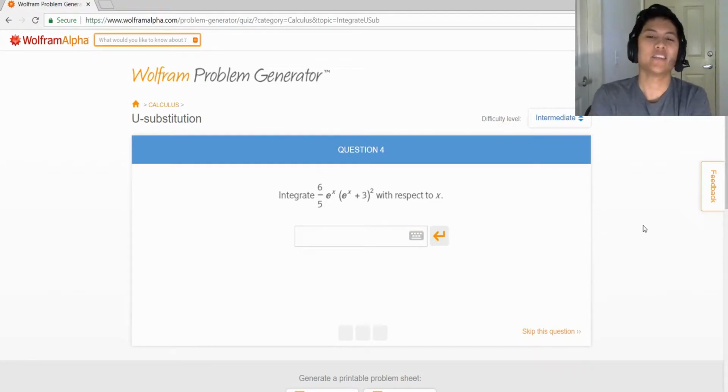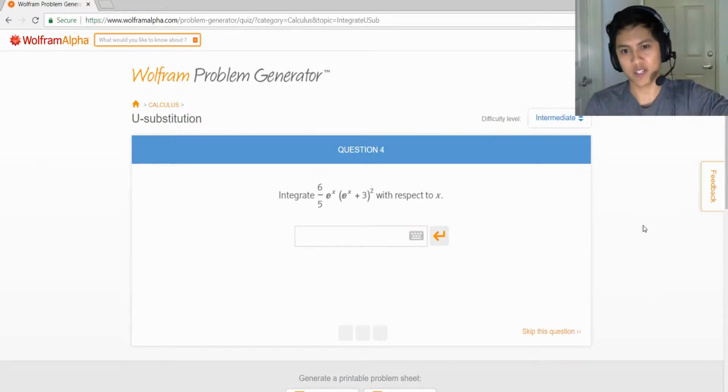Okay, first the 6/5 outside there. I'm going to think about it. E to the x plus 3, that's going to be my u. So u minus 3 is equal to e to the x, right? So if u is equal to e to the x plus 3, du dx is equal to e to the x dx. Okay, this is actually not that bad. So I have 6/5 u squared.